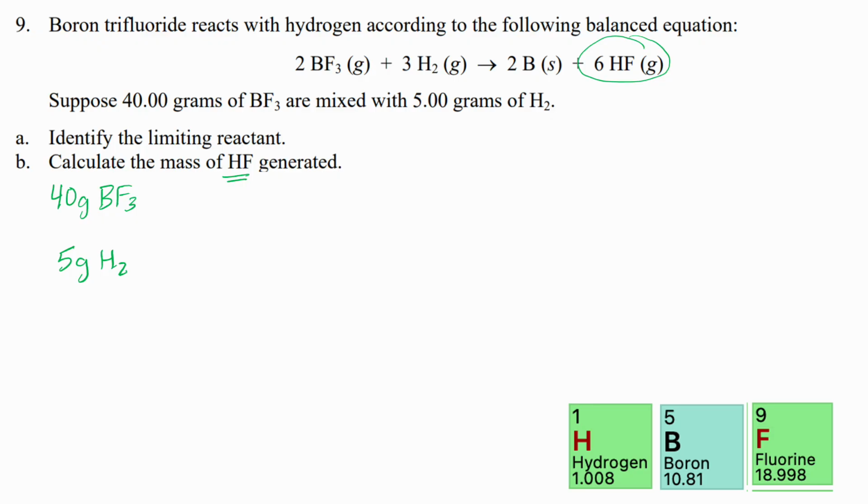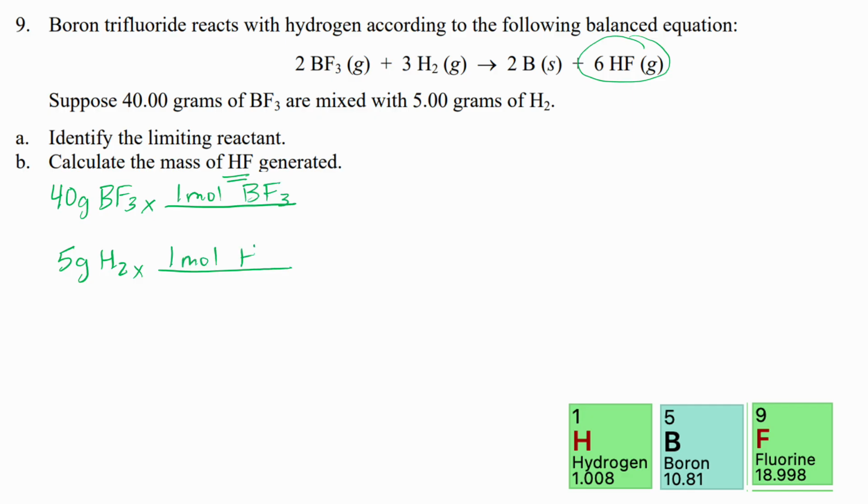So in order to find what is limiting, we are solving into the same product, in this case, HF. So in order to go from our reactants to hydrofluoric acid, we have to first be in moles. So step 1 is to convert from grams into moles using 1 mole is equal to the molar mass of that substance.